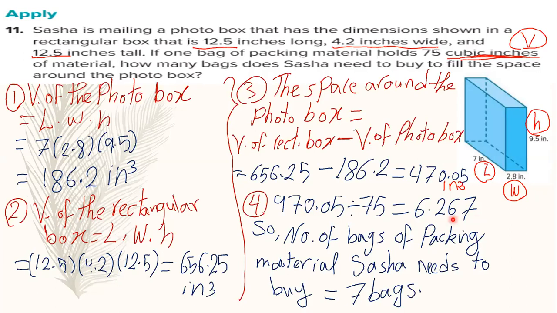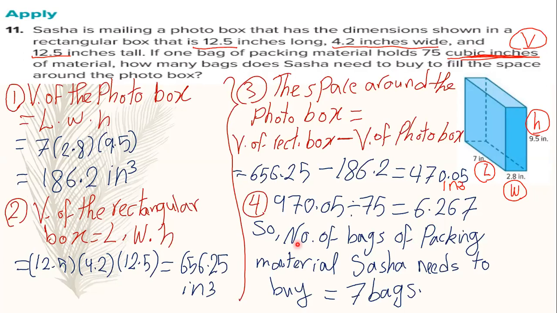But do we have 0.267 bag? Can I find the number of bags in decimals, or should the number of bags always be a whole number, teacher? Yes, it should always be a whole number.